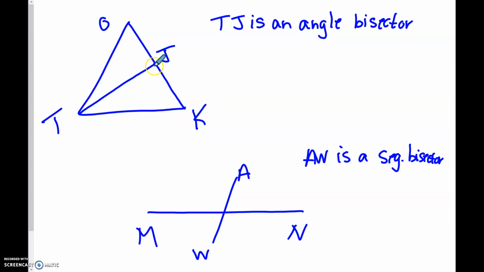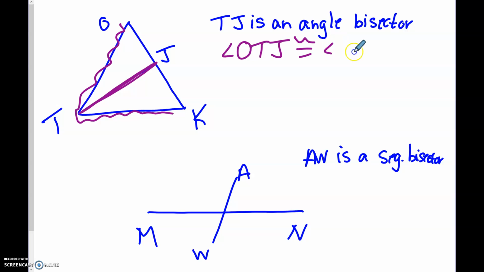All right. Then the other things we talked about here is once we started talking about midpoint, we talked about TJ is an angle bisector. Well, there's only one angle that it's bisecting, and that's this angle right here. So what can we conclude? Angle OTJ is congruent to angle JTK. Why can we say that?